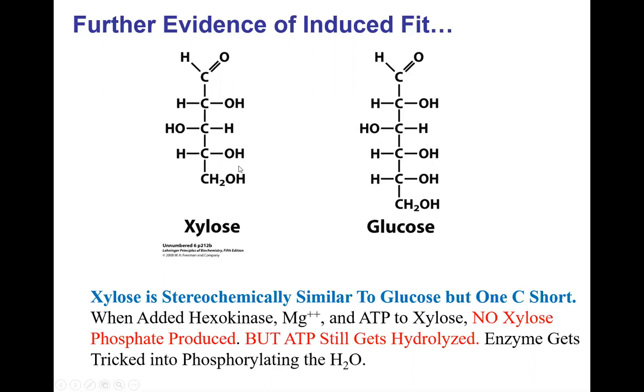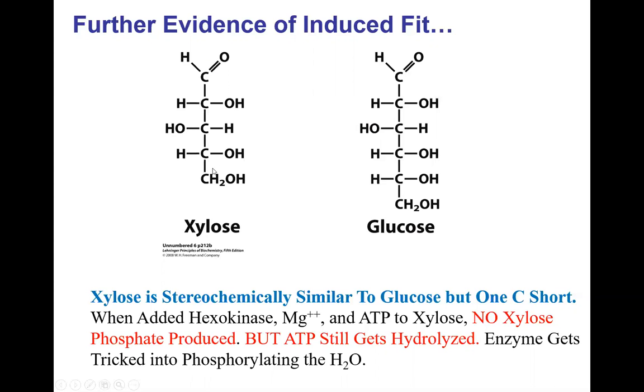When they took hexokinase and fed xylose instead of glucose, along with ATP, what they observed was that no xylose phosphate formed. Very, very interesting. Think about it: there is no 6th hydroxyl group to form xylose phosphate, so it makes sense that it didn't form. But did it bind? Did anything else happen in the active site? It turns out that xylose did bind to the active site.